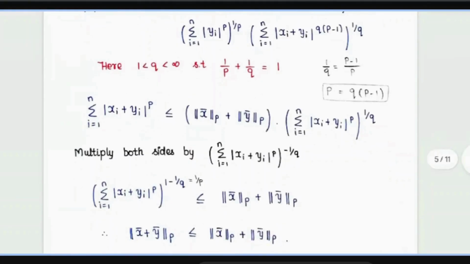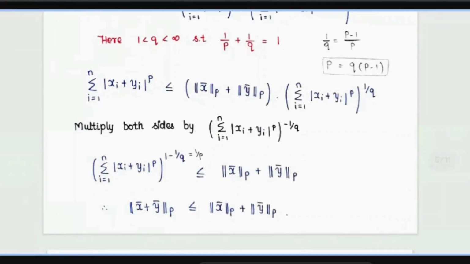Now we have to eliminate q somehow. So we multiply both sides by (summation i from 1 to n |xi + yi|^p)^(-1/q), because we need to eliminate that 1/q term. On this side we already have that term to the power 1, so after multiplying, the power will be 1 - 1/q, which is nothing but 1/p.